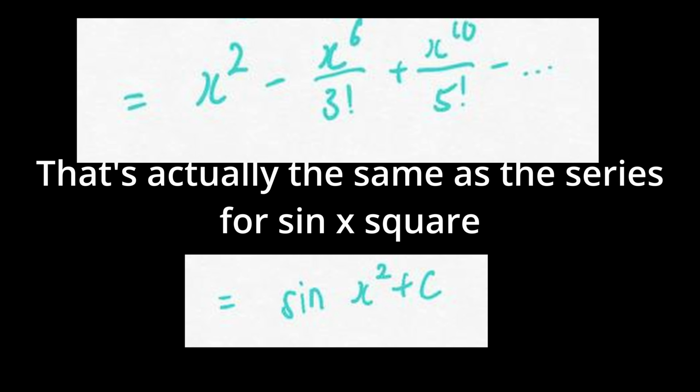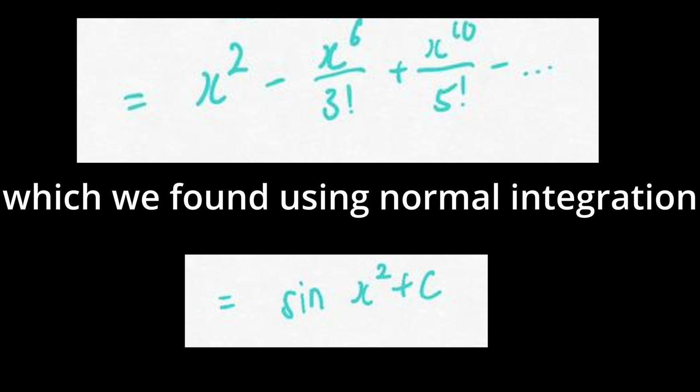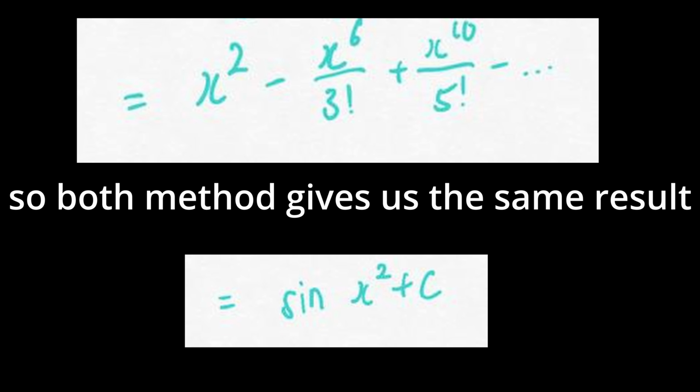That's actually the same as the series for sin(x²), which we found earlier using normal integration. So both methods give us the same result, proving that integration and series methods are connected.